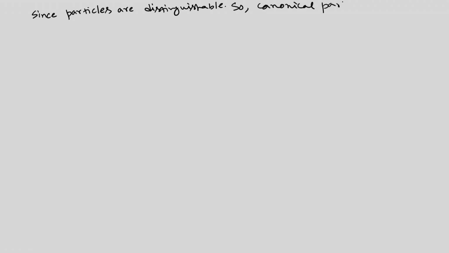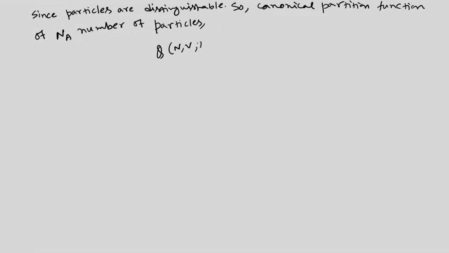So, since particles are distinguishable, the canonical partition function of any number of particles, if we say the canonical partition function Q as a function of N, V, T, is q to the N_A.